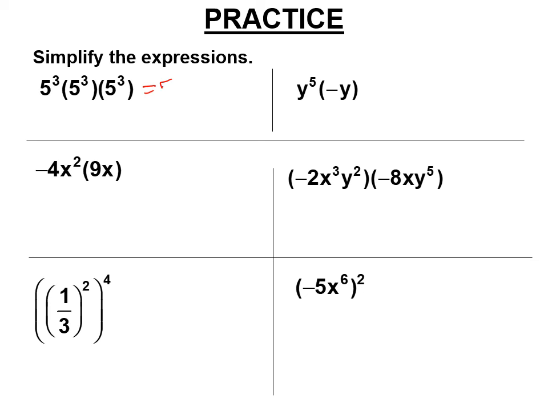Right, you're simplifying, so you just do 3 plus 3 plus 3 is 9. One negative, negative y to the 6th. One negative, negative 36 x cubed, because there's a 1 there. Negative 2 times negative 8, positive 16, x cubed times x, x to the 4th. y squared times y to the 5th, y to the 7th.